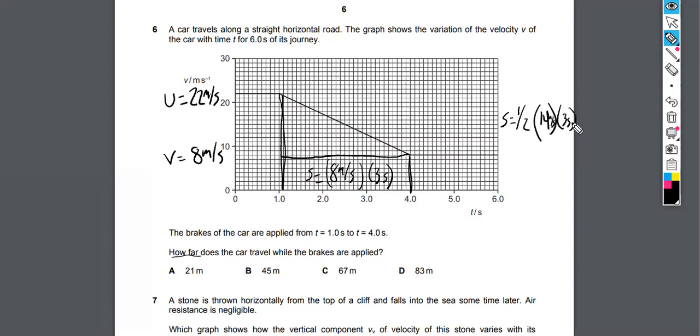So meters per second times seconds cancels. I'm left with meters of displacement here. Same thing here, meters per second times seconds. The seconds cancel. I'm left with meters of displacement here. So 8 times 4 is 24 meters from the rectangular part. Yeah, 8 times 3 is 24, right?